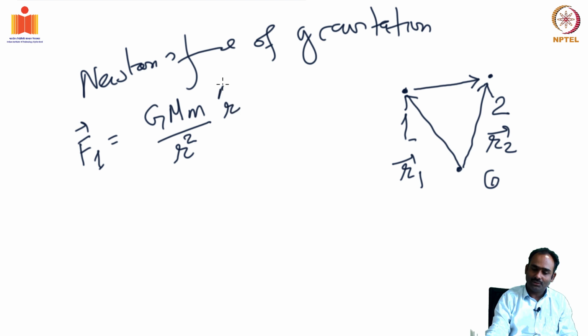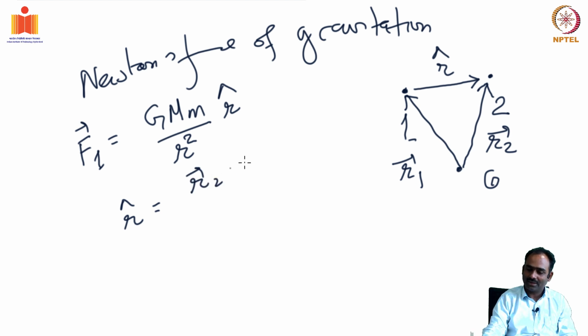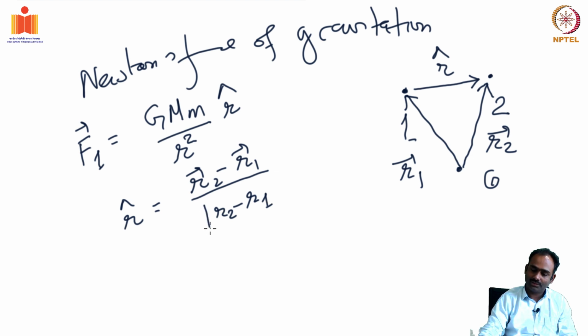And then you have a unit vector, r hat, which I can write down more clearly: it will be r2 minus r1 over the modulus of r2 minus r1. That's the magnitude of it. So that's why this is a unit vector, and this r is just the modulus of r2 minus r1, squared.